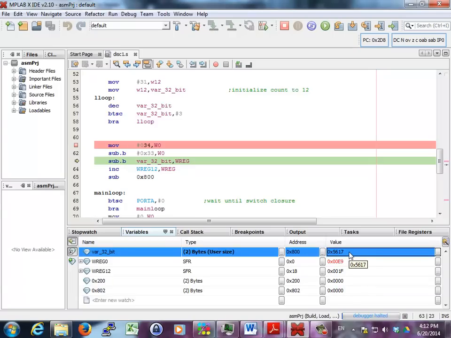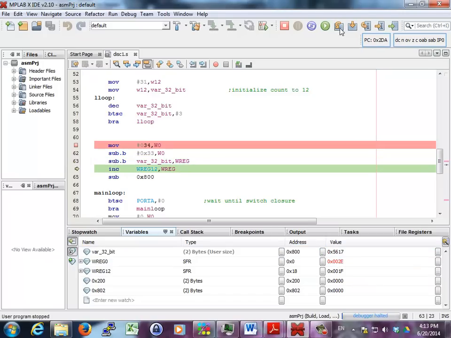The operation would not use that 5, 6, and it would only use 1, 7 to do its computations. And if I do that, look at wreg. It's 00E9, and essentially what happens is that it's going to change the E9 to 2E, and these two zeros did not change. So that confirms that you treated it as a byte variable.